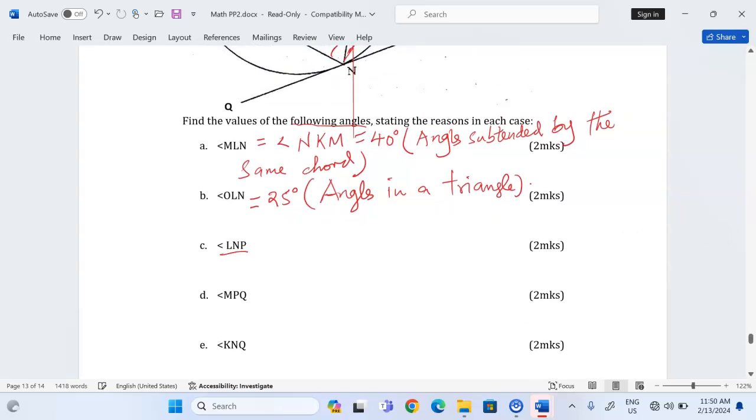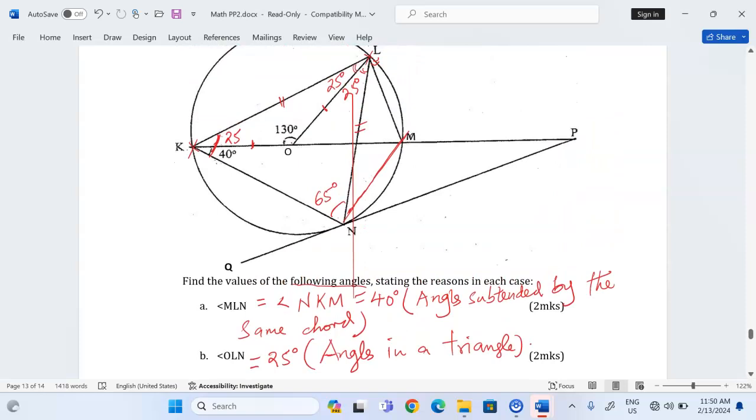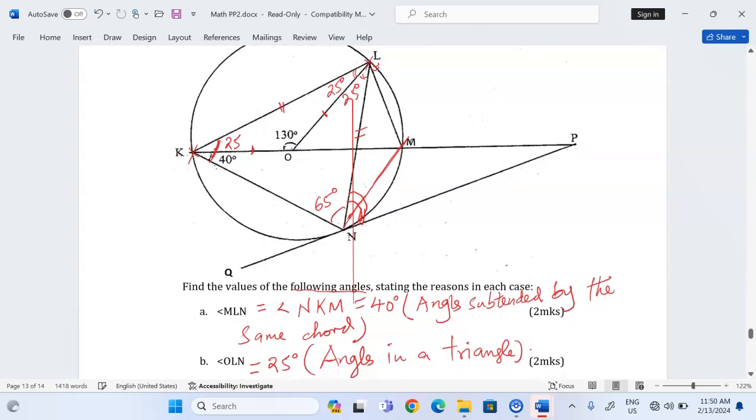LNP, angle LNP. Now the value of this angle, it's good to know that it is equivalent to this one. This is 65 degrees.